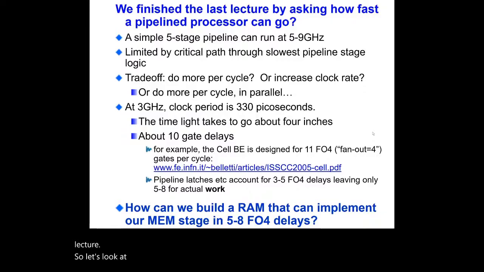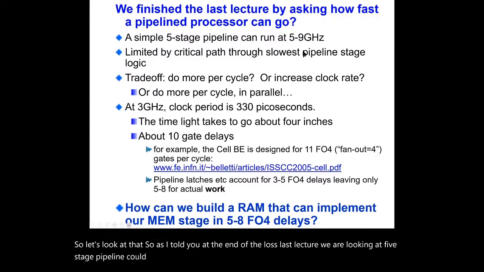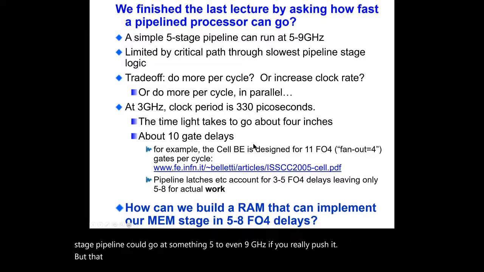As I told you at the end of the last lecture, our 5-stage pipeline could go at something like 5 to even 9 gigahertz if you really push it. But that leaves us with incredibly little time for actually accessing the memory, something like 5 to 8 gate delays.